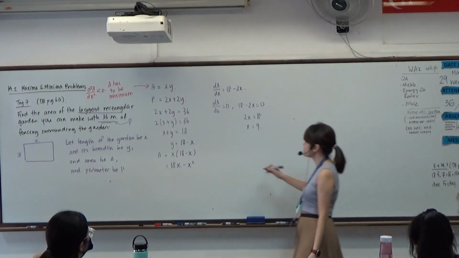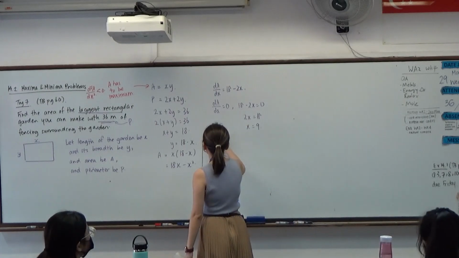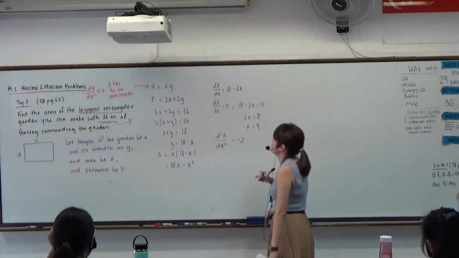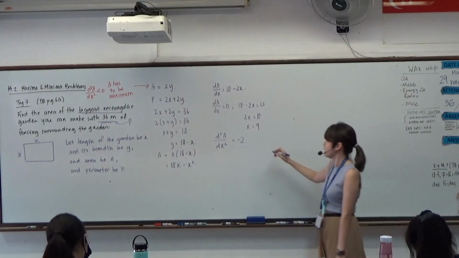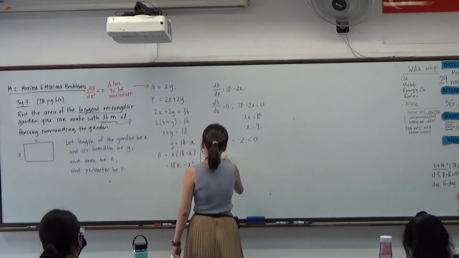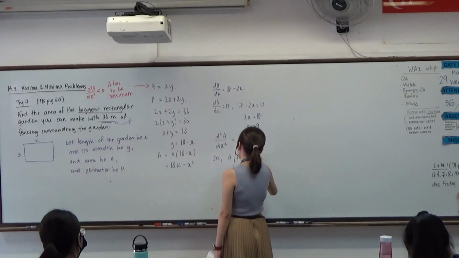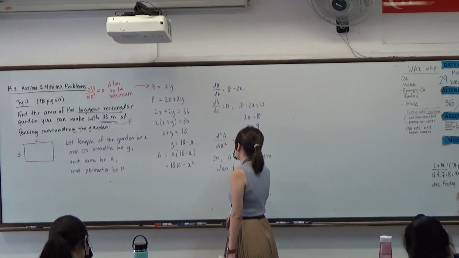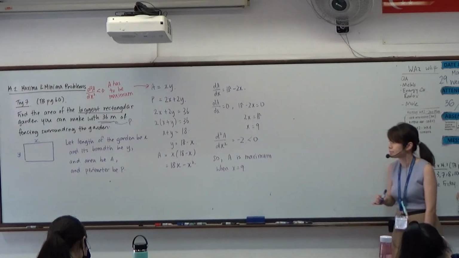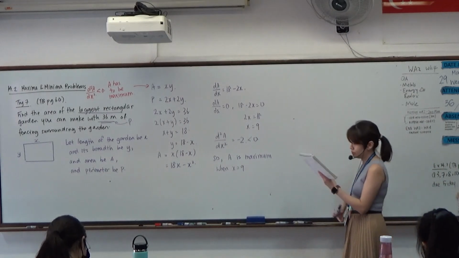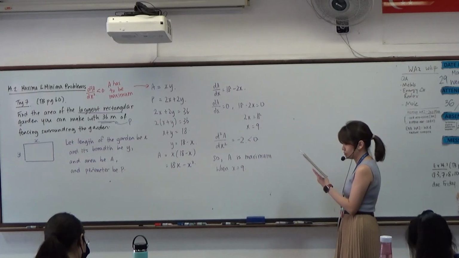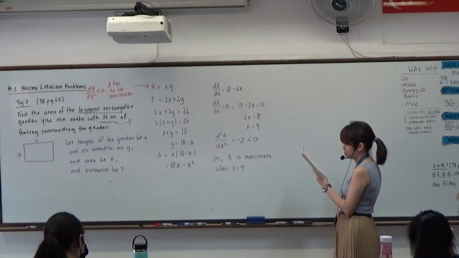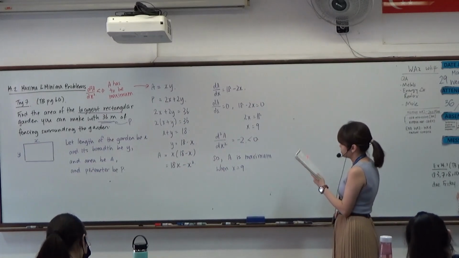So finding the second derivative, we find that it will be equal to negative 2, and that is less than 0. So we say that A is maximum when x equals 9.